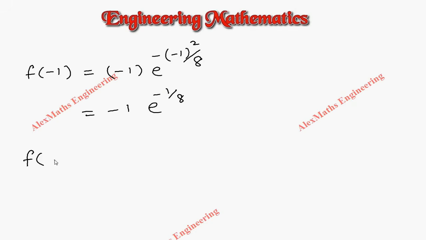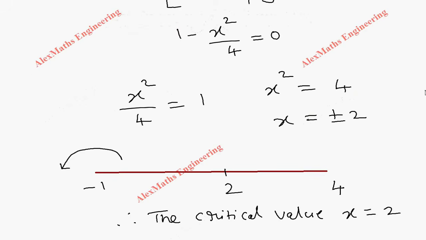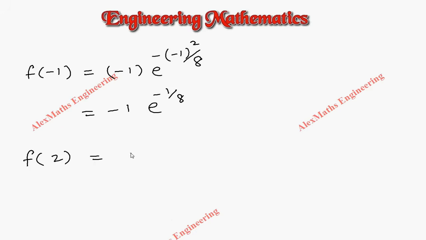In the same way, f of 2, because the next critical value we plotted is 2. On the number line we have minus 1 which we calculated, then we have 2, then we have 4. Substituting 2, we get 2 into e power minus 2 square by 8, which is 2 into e power, when 2 square becomes 4, after cancelling, minus 1 by 2.